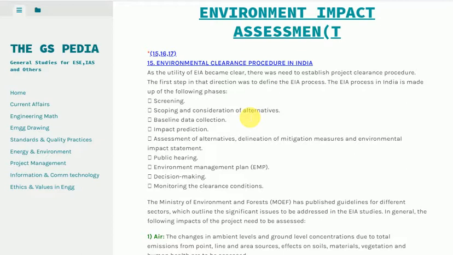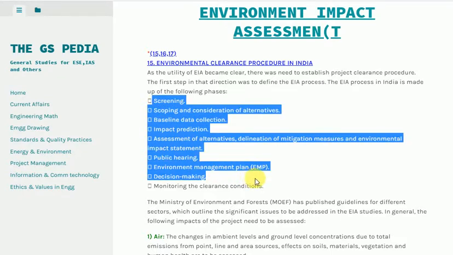The EIA process in India is made up of the following phases: screening, scoping and consideration of alternatives, baseline data collection, impact prediction, assessment of alternatives, delineation of mitigation measures and environmental impact statement, public hearing, environment management plan, decision making, monitoring the clearance conditions.